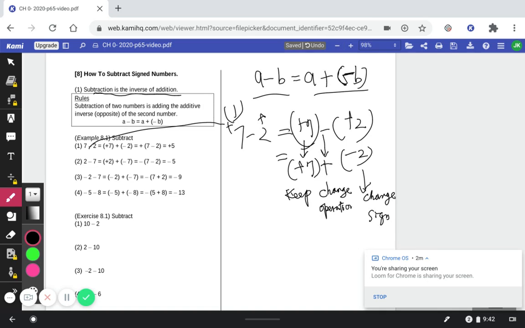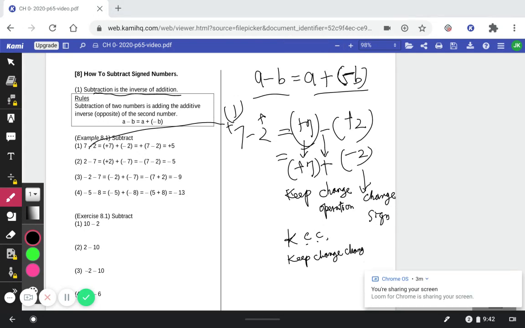In short, we call this KCC, or keep change. The purpose of keep change is to change the minus operator to a plus operator.